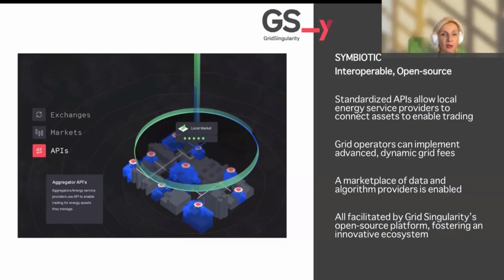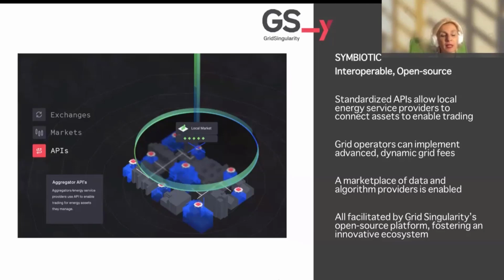The system is interoperable, and part of the secret of its collaborative, interoperable approach is the open source development, both by Great Singularity and other tech partners that are developing new business models based on the market that is already decentralized, and going to the management of that market to reflect the situation on the ground.